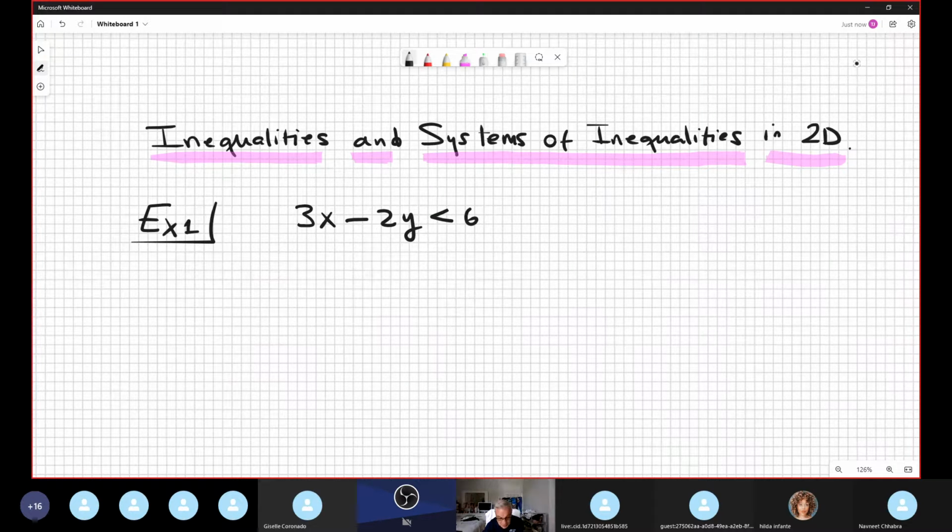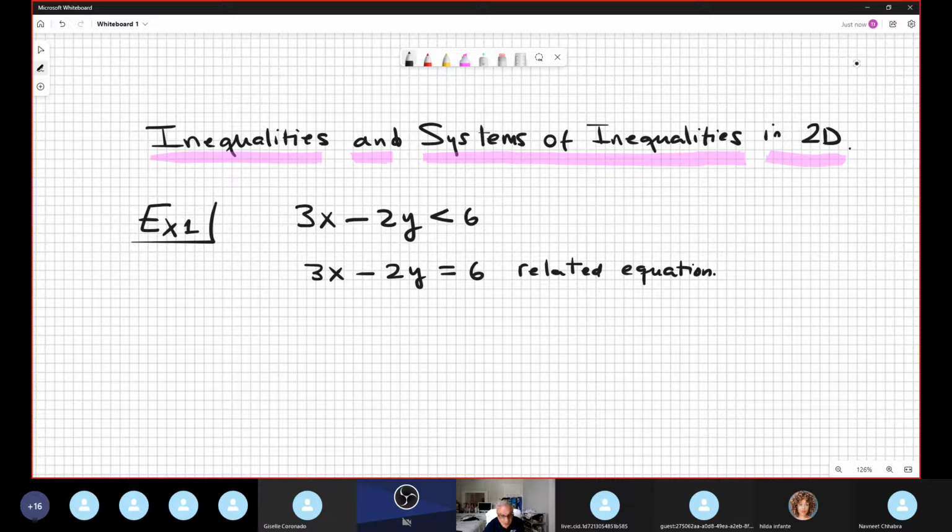Okay, for doing this job, I propose the following strategy always. You immediately remove the inequality and convert to an equation. I know it's not the same, of course, but this is the related equation that helps me to understand the inequality.